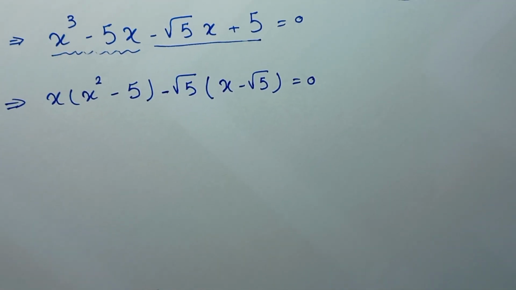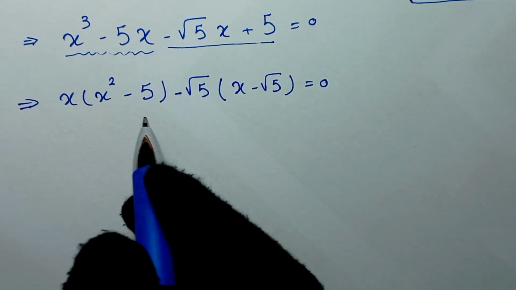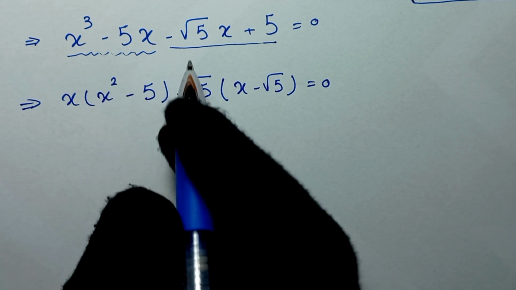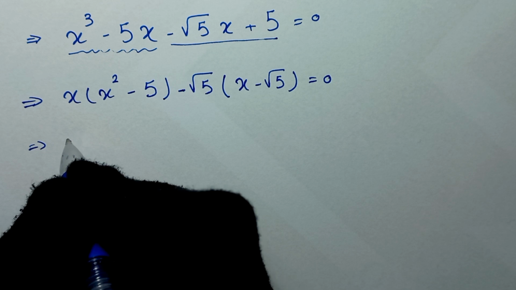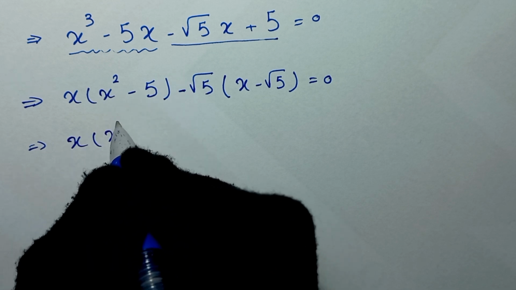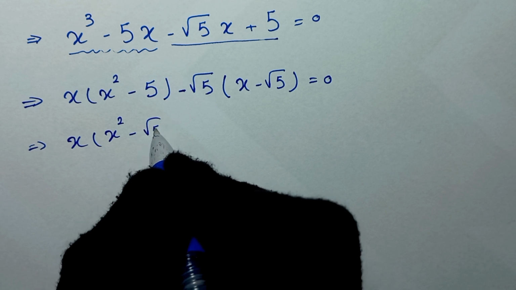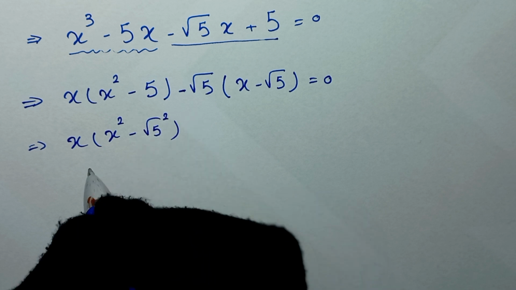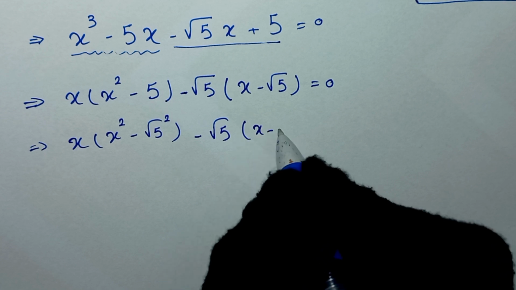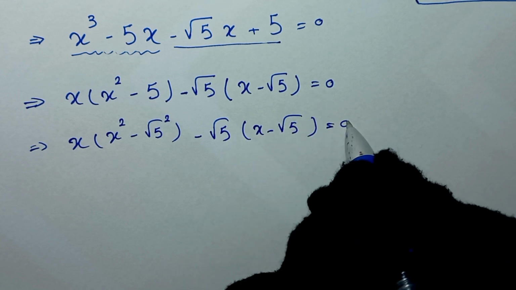So, in the next step, this is in the form of a squared minus b squared, right? We can write x squared minus 5 as x squared minus square root of 5 squared, right? And minus square root of 5 times x minus square root of 5 is equal to 0.